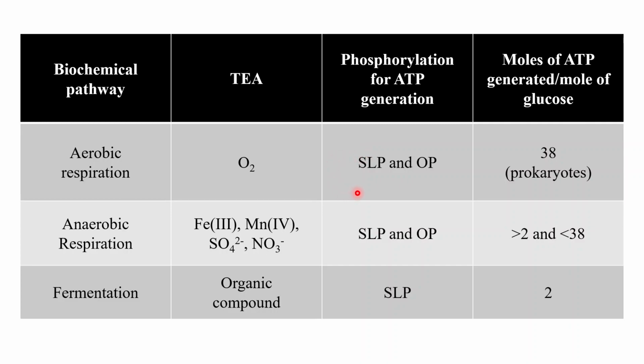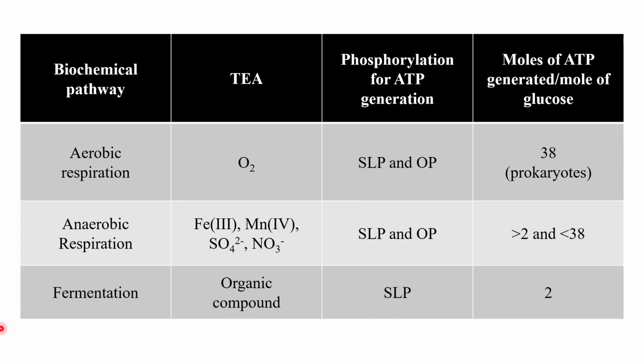You have seen during glycolysis also, one molecule of glucose was making two molecules of ATP, right? So in the glycolysis pathway, from glucose till pyruvate, two molecules of ATP are generated.